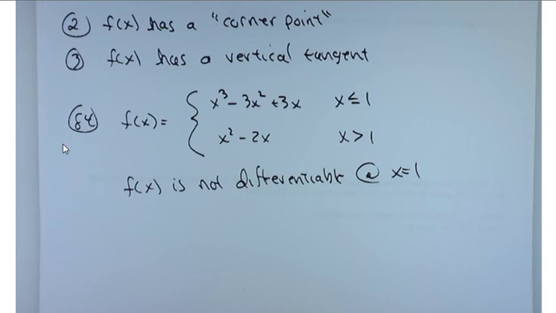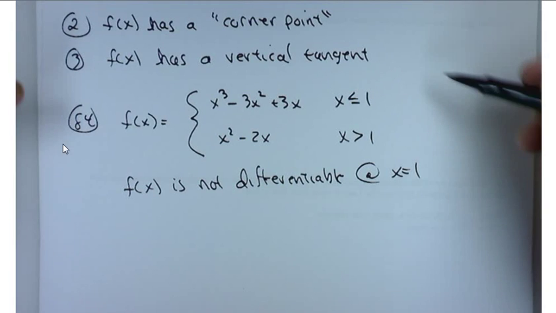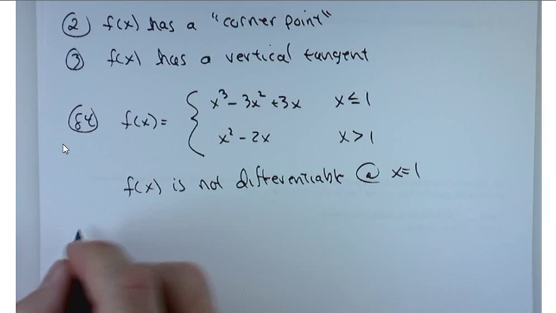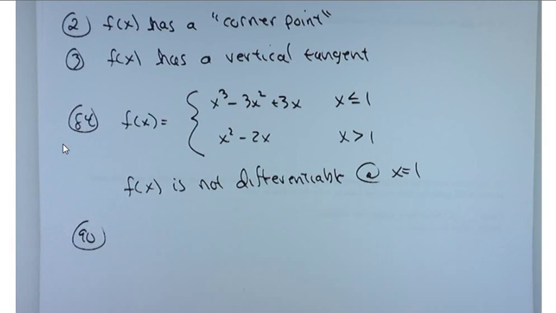All right. Let's try that again with one more function. That's going to be problem number 90. Any other thoughts or comments on 84? Problem number 90 looks like this.